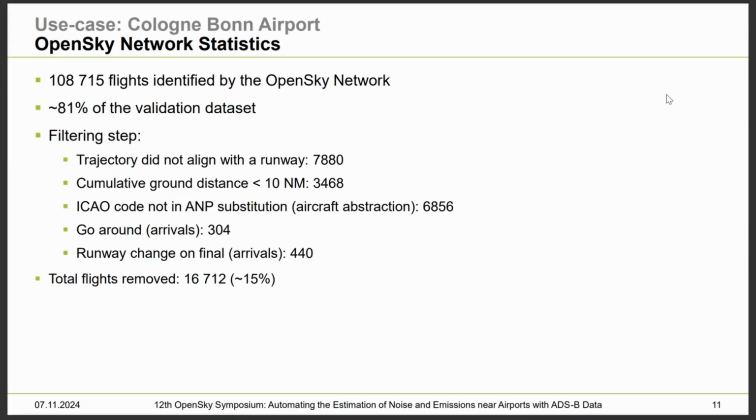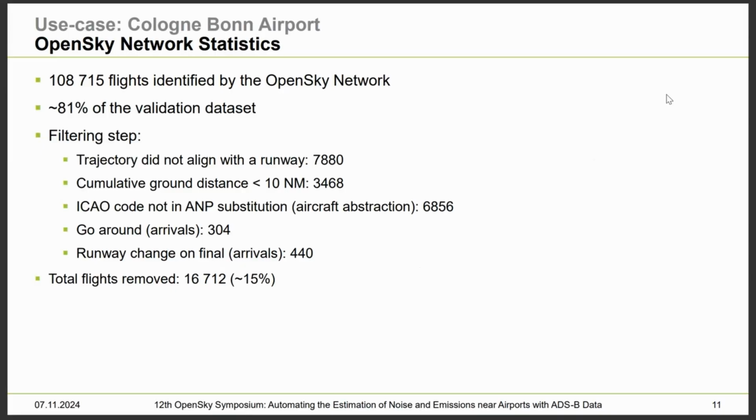You see here some of the filters I mentioned I was setting to ensure that the data which I get from OpenSky is, at least from my point of view, somehow usable to estimate noise and emissions. The filters which leave out most of the flights are probably this one, the ICAO code not being attributed to one of those ANP aircraft which I mentioned.